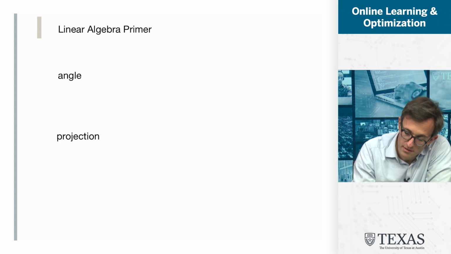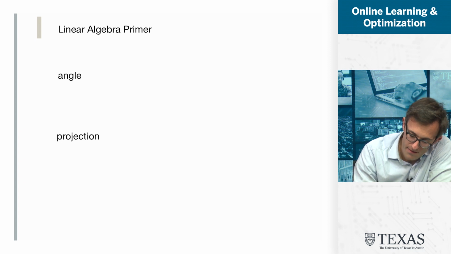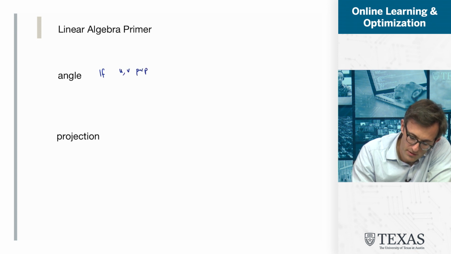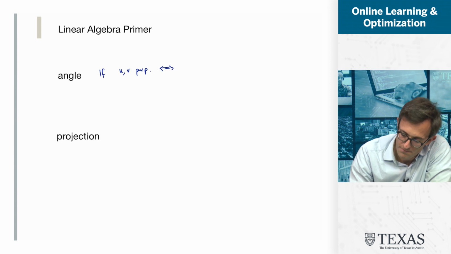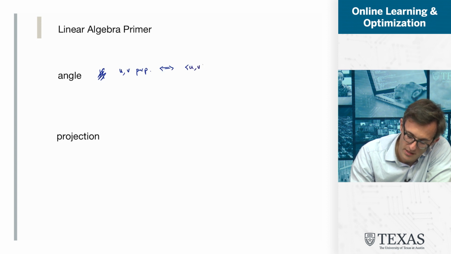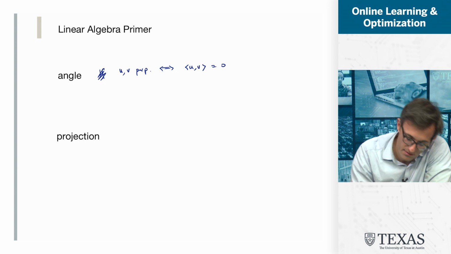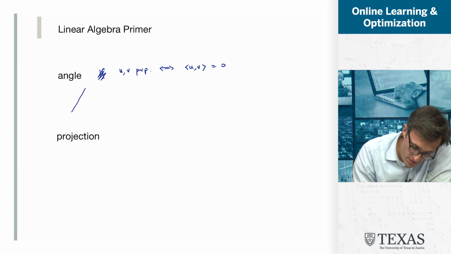So we just saw that u and v perpendicular is exactly equivalent to the dot product between u and v equaling 0. But in fact, something more general is true.